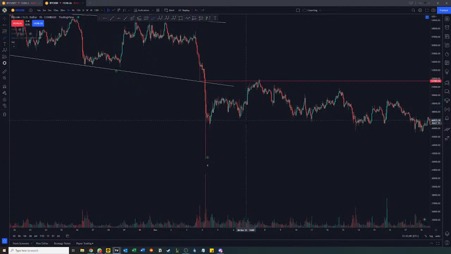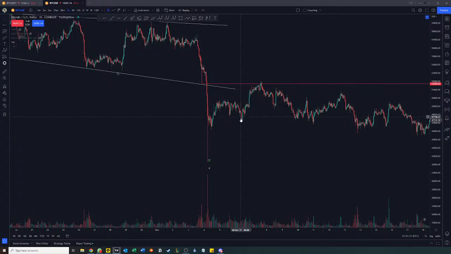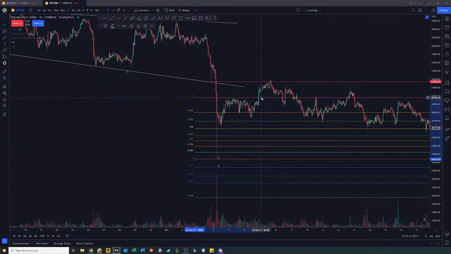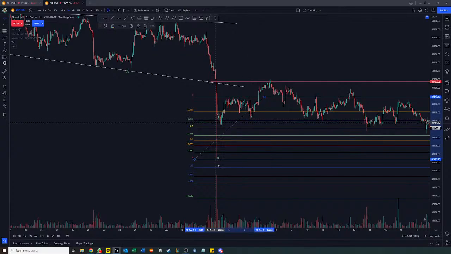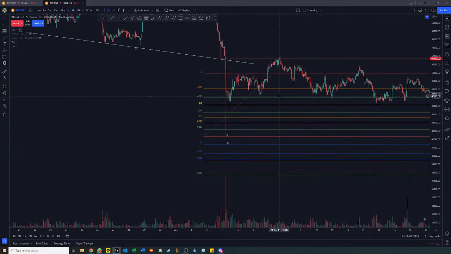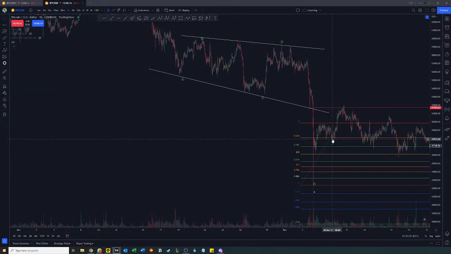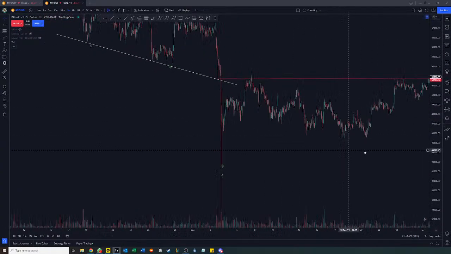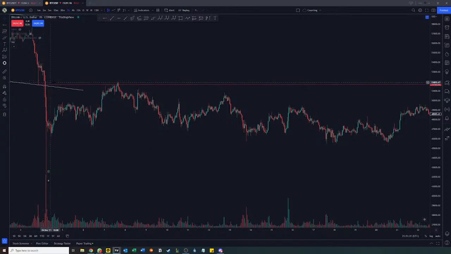I can't remember, but I remember taking a long here somewhere. If I look at Fibonacci, you see it didn't even touch 382. So Fibonacci is a good tool to find out the resistance, but it's not the best. You should not trust it right away.